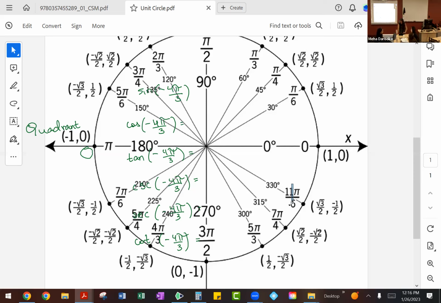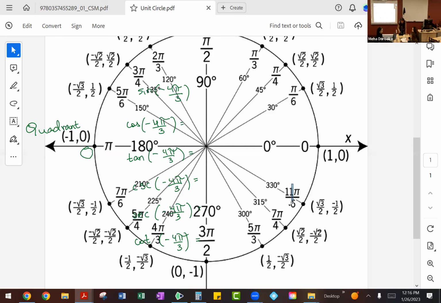If you do it from the vertical... Yeah, it looks like they're calculating from the horizontal.